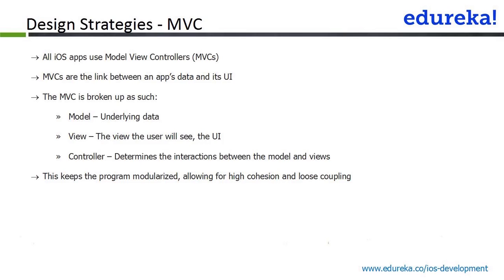And also, since the controller controls all the interactions between the models and the views, there is no clutter, no chaos, and it's easier to visualize the different interactions between the three layers. So it's a very modular and a very graceful approach to application development.